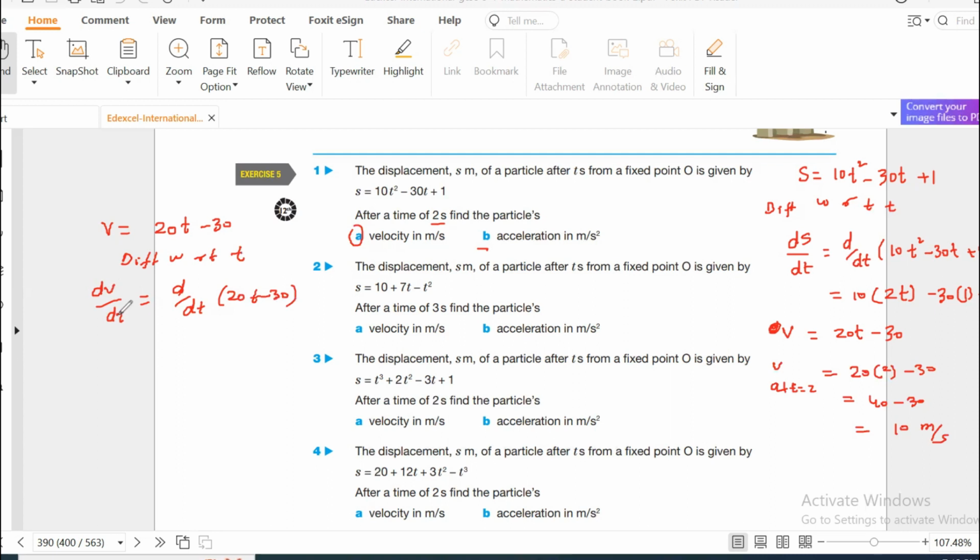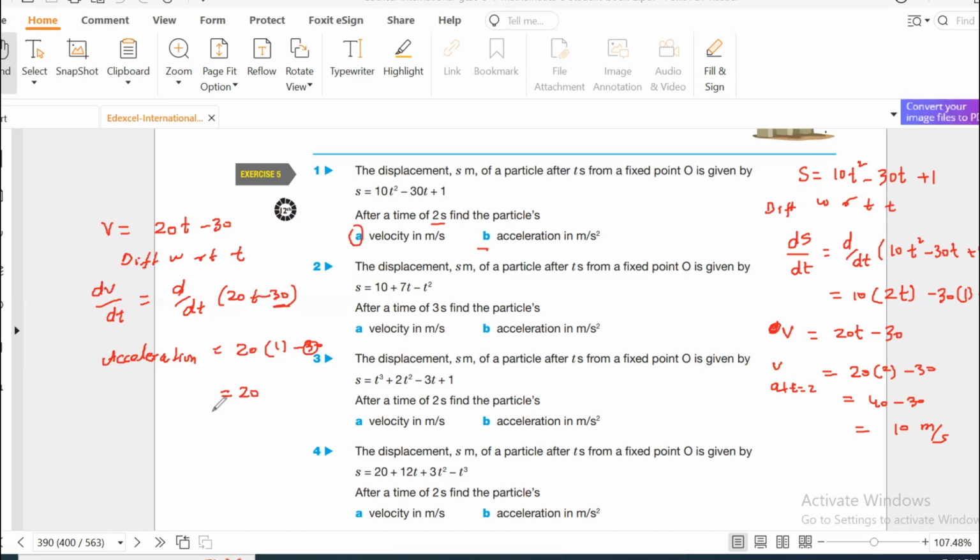Remember that dv over dt, the rate of change of velocity with respect to time, is called acceleration. So this is acceleration, which is equal to 20 into 1 minus 30, sorry, 30 becomes 0 because the derivative of a constant is 0.